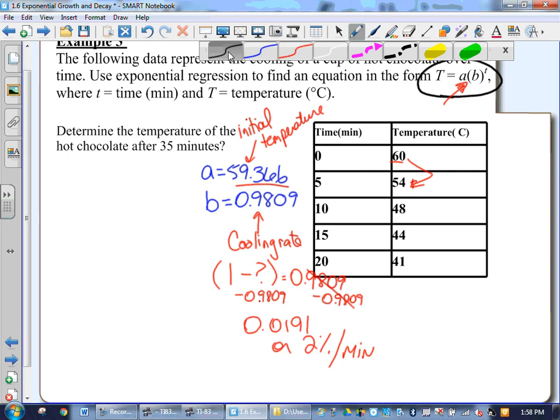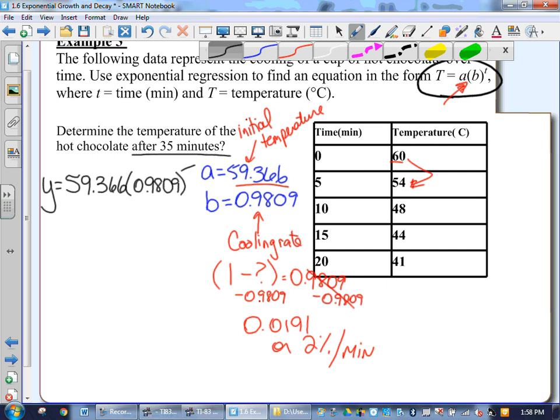So it says here, though, determine the temperature of the hot chocolate after 35 minutes. Okay, well, I don't know the final temperature. I know this was my original. I know my rate of change is this per 1 minute, and the time is going to be 35.